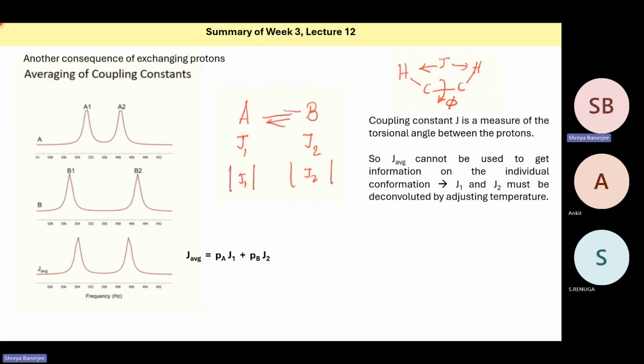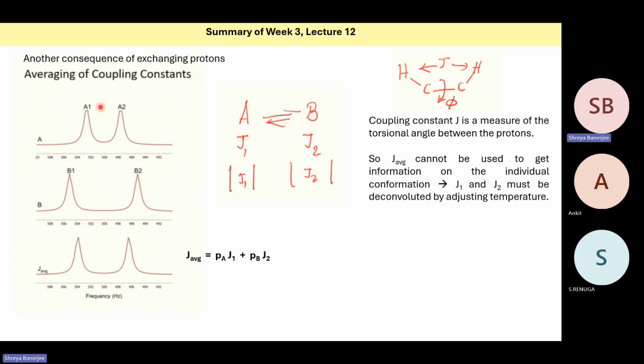Right, so I'll continue. So another consequence of the exchanging protons is that the coupling constants will get averaged out. So suppose you have the signal of A and you have the signal of B, and A is split into two signals, A1 and A2, with a coupling constant J1, and B is also split into two signals, B1 and B2, with a coupling constant J2. Now, what happens?